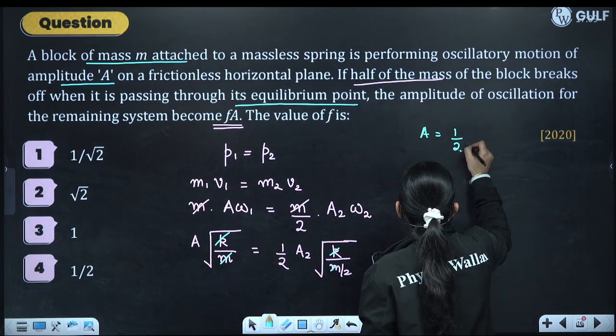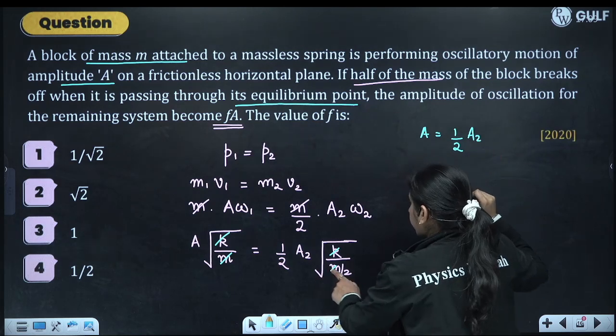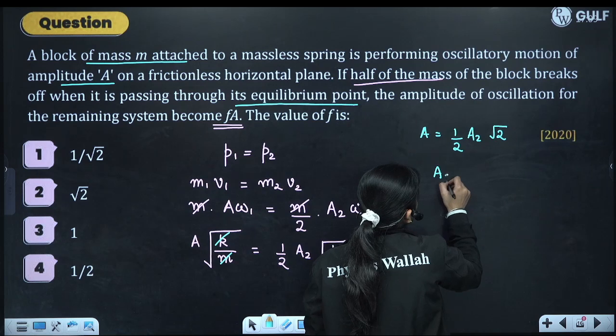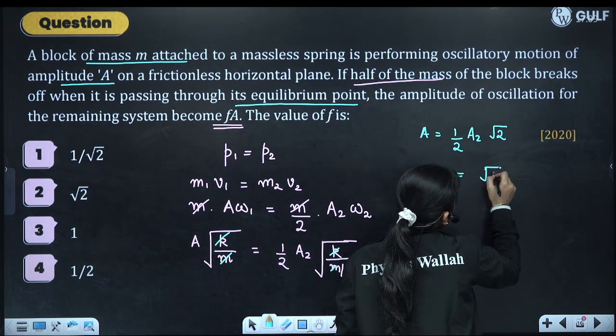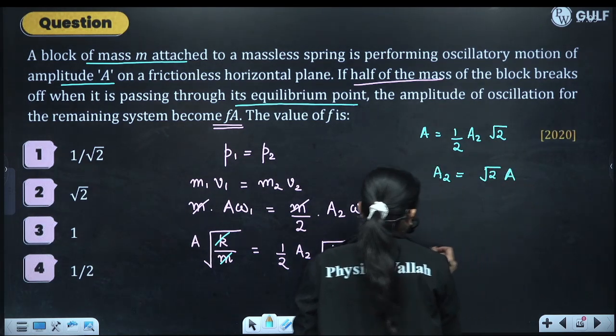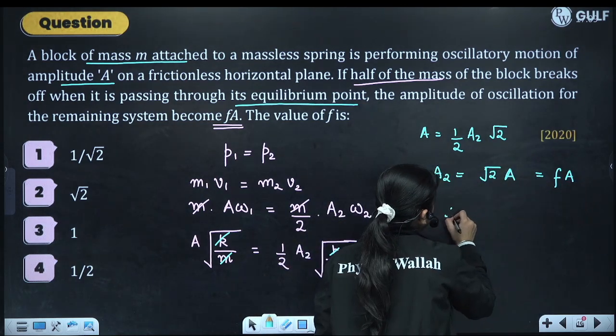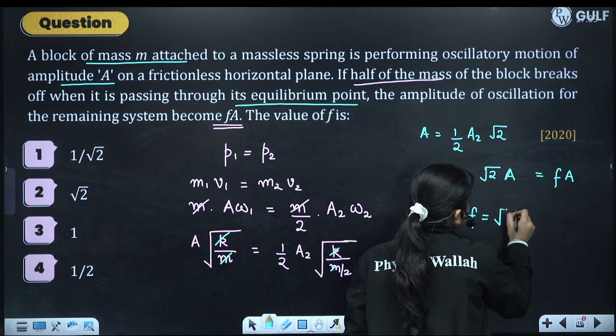A is equal to 1 by 2 A2 into root 2. So A2 will become root 2 times A. This is equal to f into A, therefore f is equal to root 2.